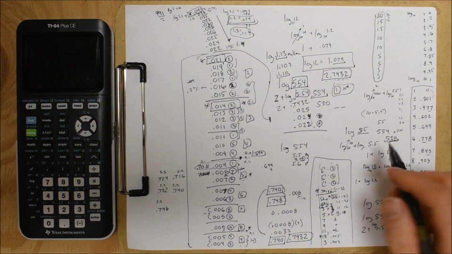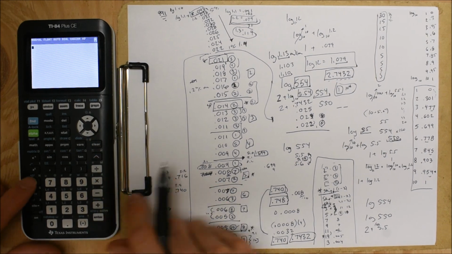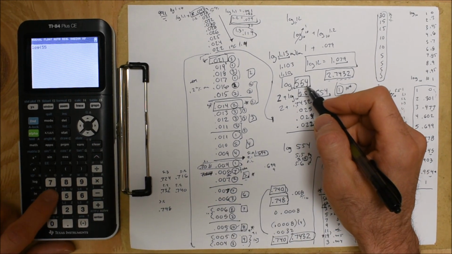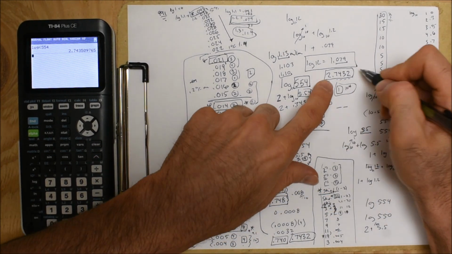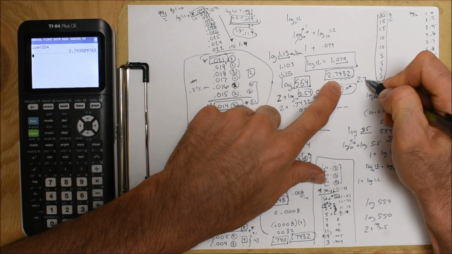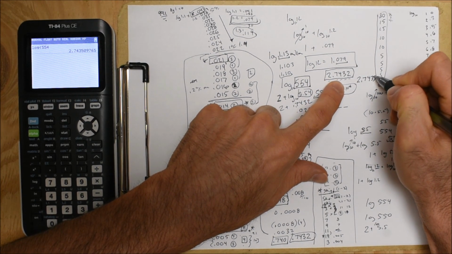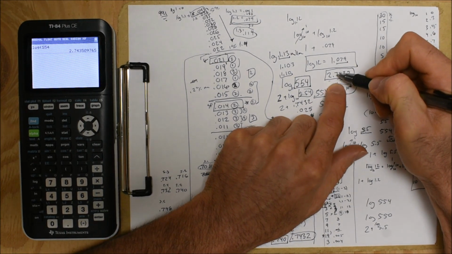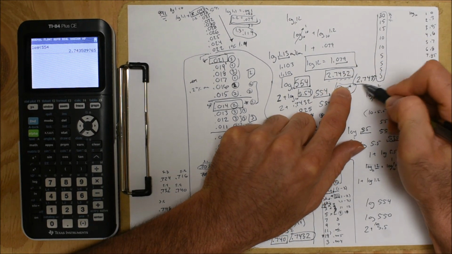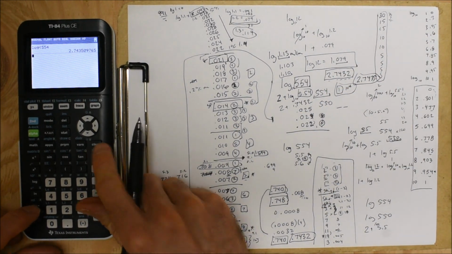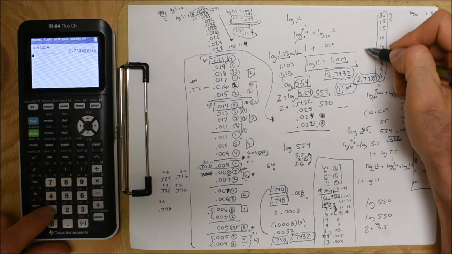You do you. But okay, let's kick it into our calculator. What the hell is the log of 554? And what we find is the log of 554 is 2.7435. And we said it was 2.7432. So what's the error?